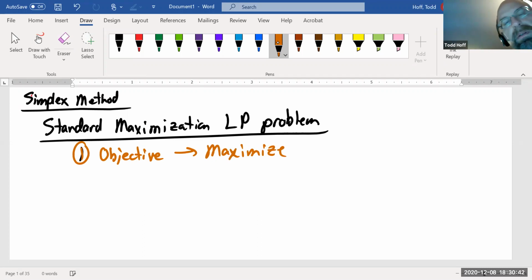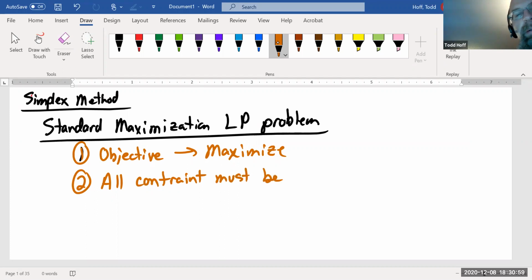Well, that seems obvious if it's a maximization problem. The second is all constraints other than the trivial ones, which we'll talk about, must be less than or equal to a number. Some equation, some variables less than or equal to a number.